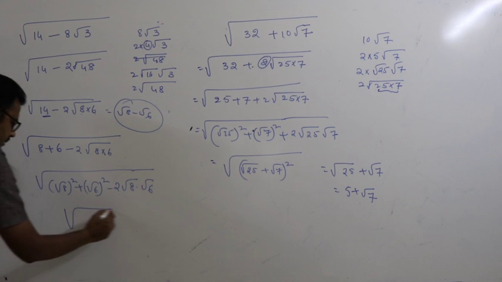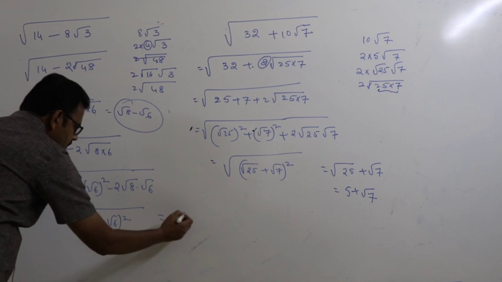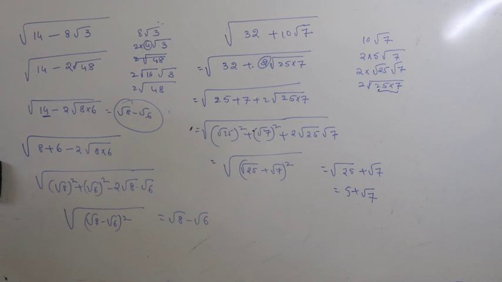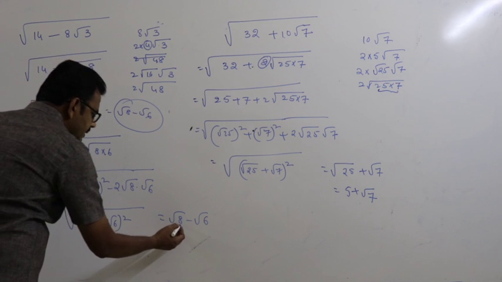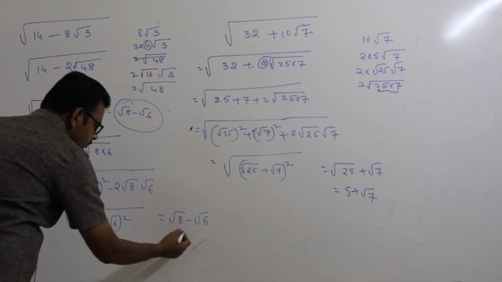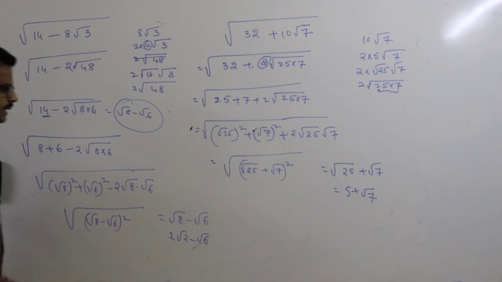So that is square root of root 8 minus root 6 whole square, which is root 8 minus root 6. Root 8 can be written as 4 into 2, root 4 value is 2, so 2 root 2 minus root 6. But don't write root 6 minus root 8.